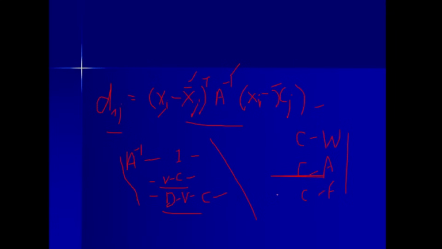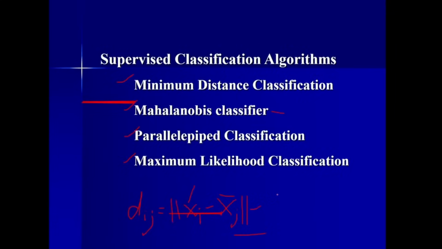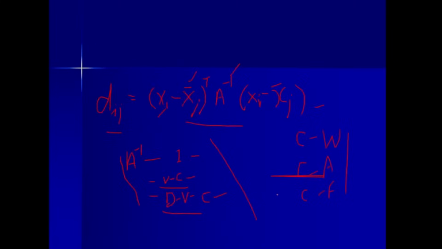The fourth algorithm is called the maximum likelihood classifier, in short MLC. In this formula it works on a probability criterion.